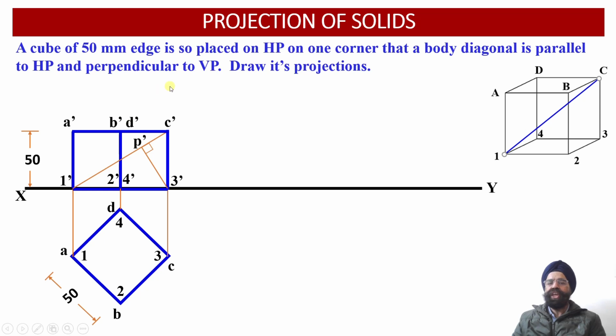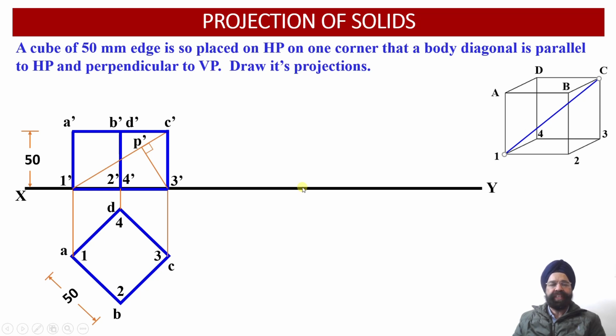Now this cube will be tilted with respect to the horizontal plane in such a way that it rests on the horizontal plane on the point 3 1 dash. This is the first thing we need to remember: this point 3 dash will be represented as 3 1 dash.